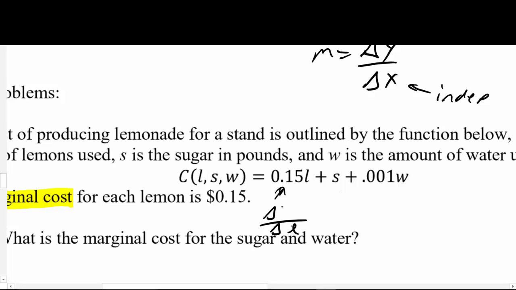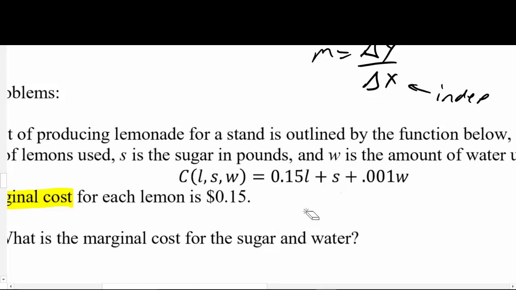Now, what is my independent variable? L. What is my dependent variable? C. So therefore, what this 15 cents is talking about is change in cost per change in lemon, and in particular, one lemon. So you can therefore determine every lemon is costing me 15 cents.